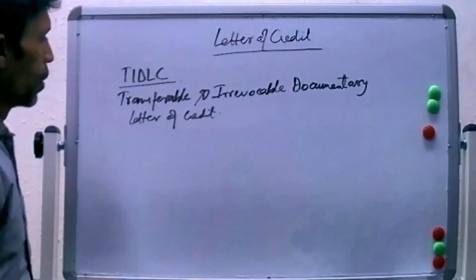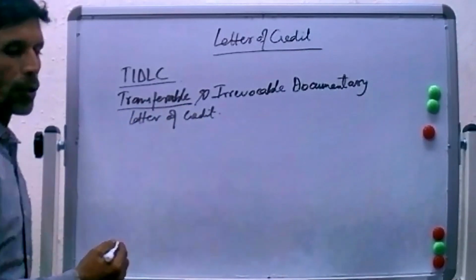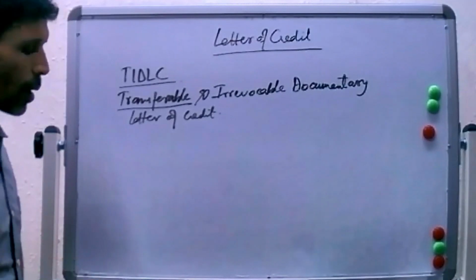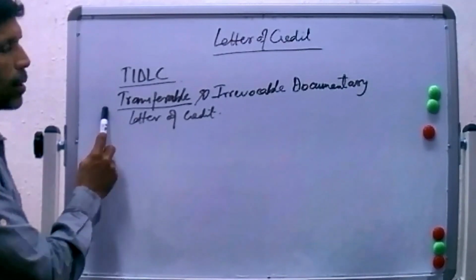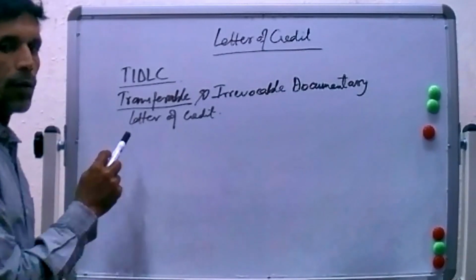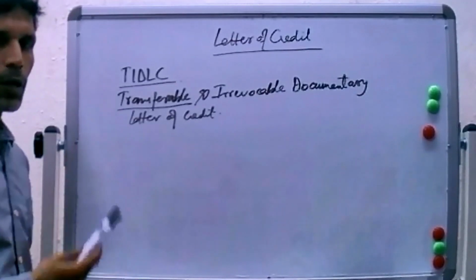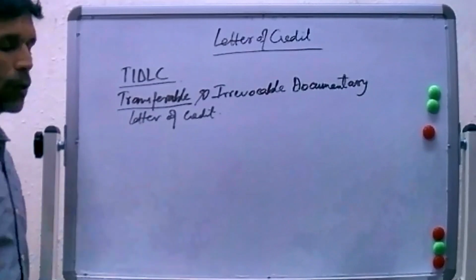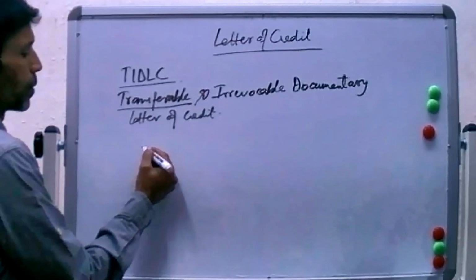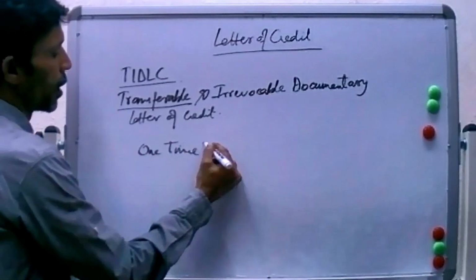Okay, so how transferable? Because the intermediary, as per UCP 600, it is mentioned on the face of the LC that it is transferable. Basically, all the letters of credit which are transferable are only one time transferable.